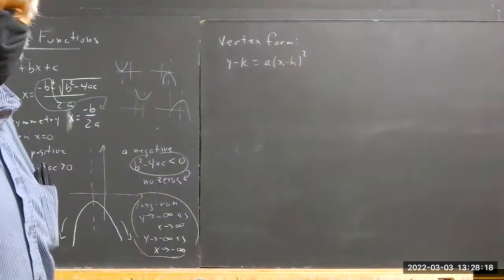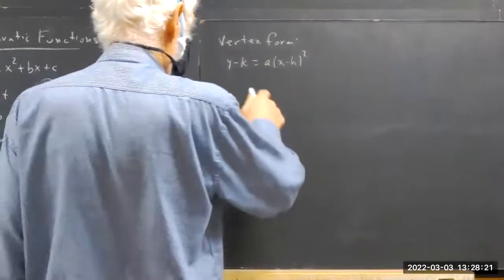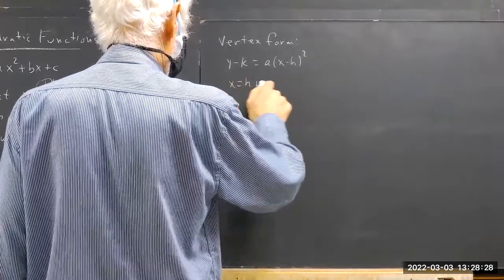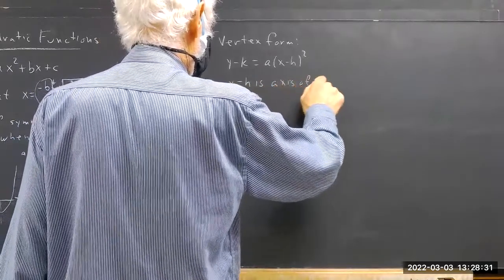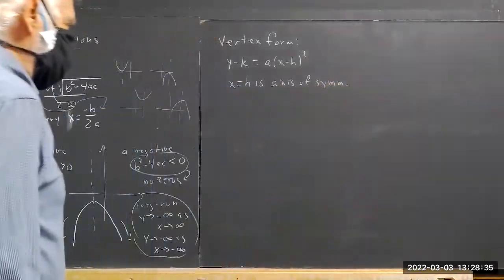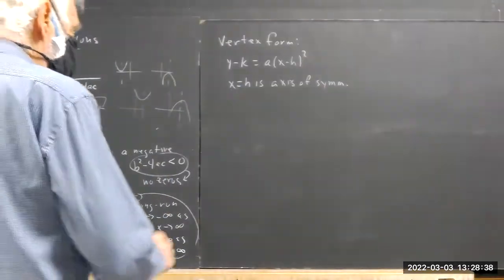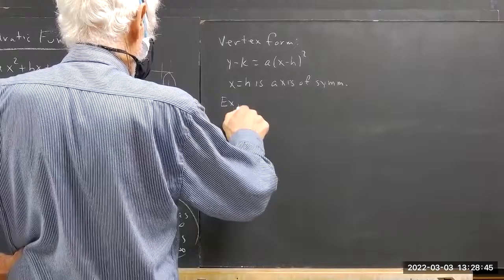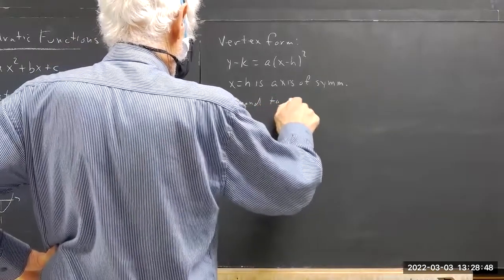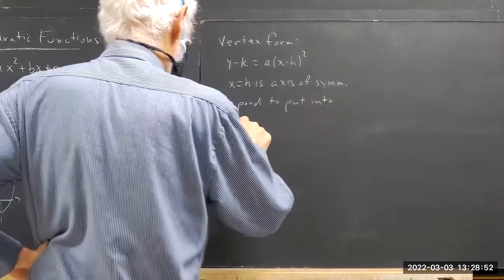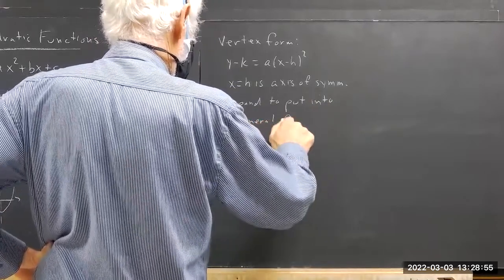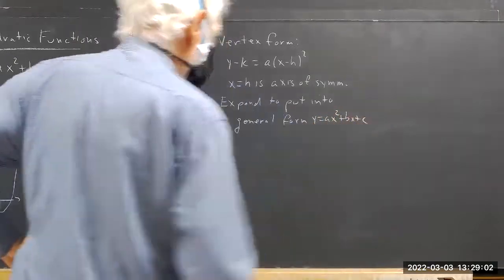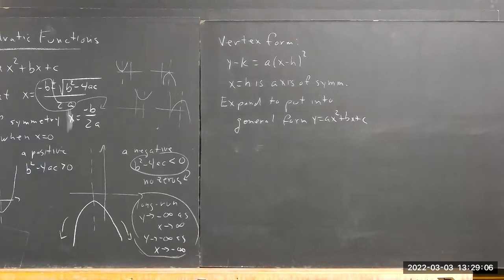Vertex form is this. X equals h is your axis of symmetry. You can expand it and put it in the general form ax squared plus bx plus c.